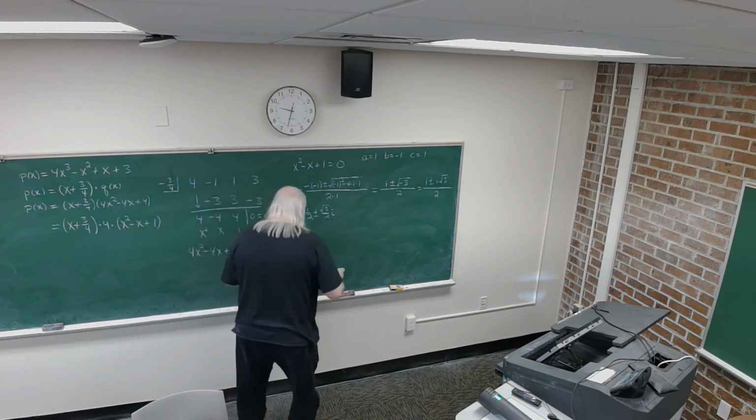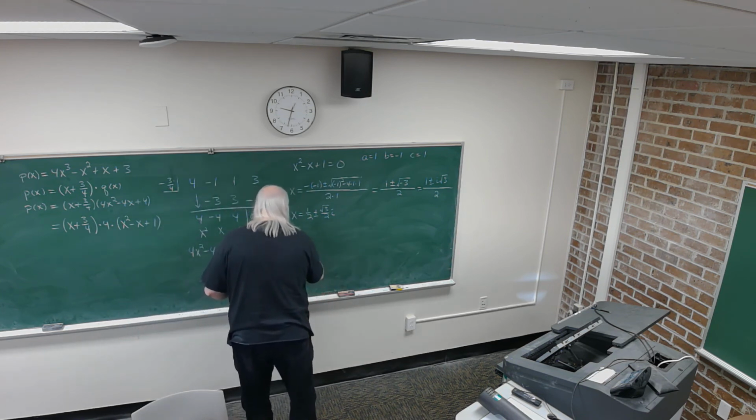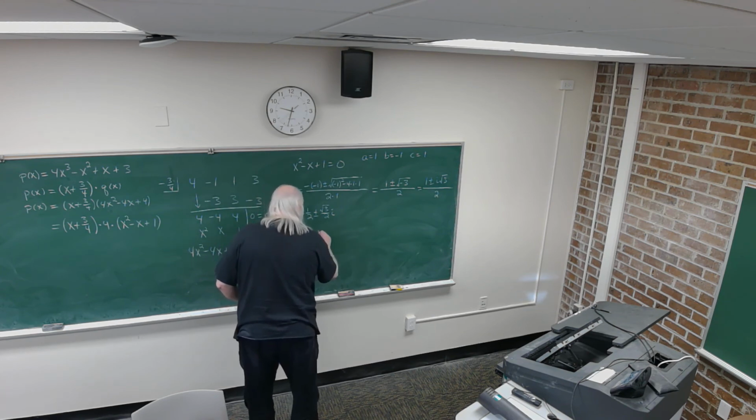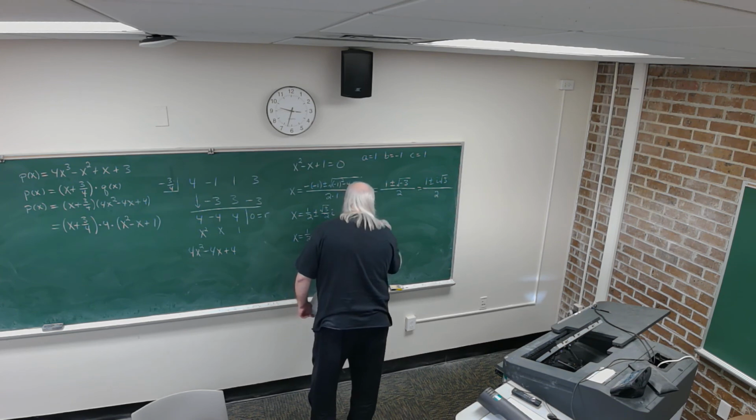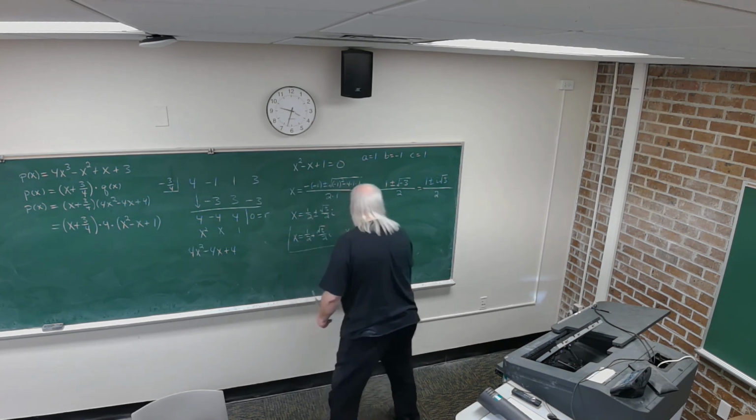And so x equals 1/2 plus the square root of 3 over 2 i, and x equals 1/2 minus the square root of 3 over 2 i are the two remaining zeros.